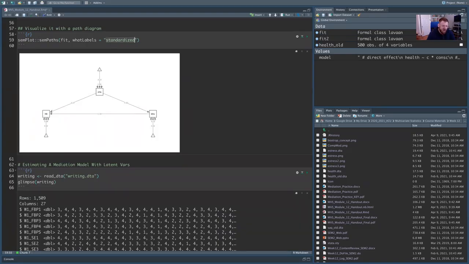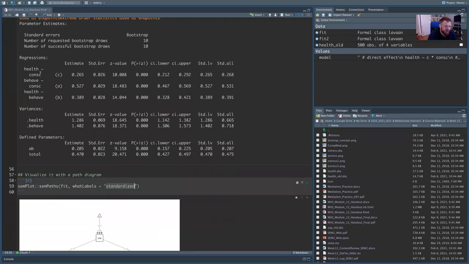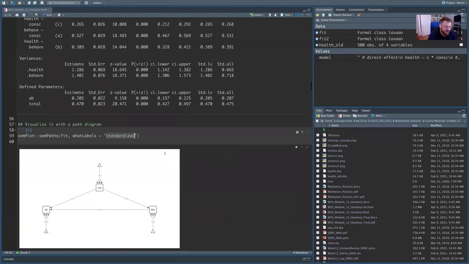So here's health behavior. Oh, sorry, it's flipped. It's throwing me off. So here is health behavior, conscientiousness. Wait a minute, C path, conscientiousness, health, yeah. And conscientiousness, behavior. Okay, so it's turned this way. That's kind of confusing. Conscientiousness should be on the left side normally as we think about it, right?